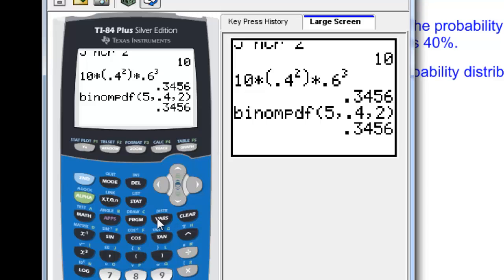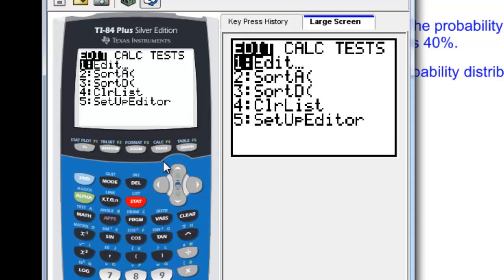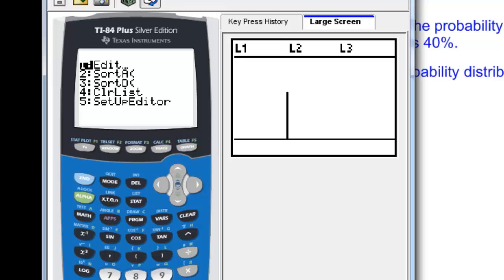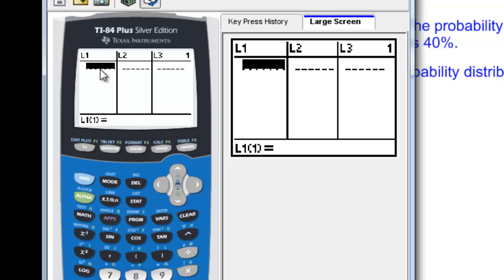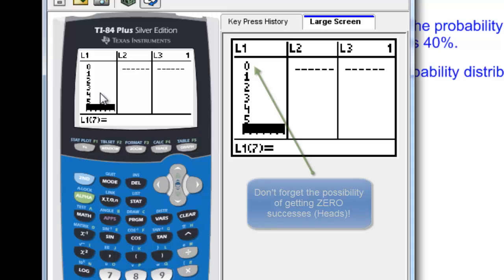I'm going to go into Stat and edit my list. In my first column, I'm going to put down all the possible outcomes of the number of heads in 5 tosses: 0, 1, 2, 3, 4, and 5. It's important that we put these in the proper order.